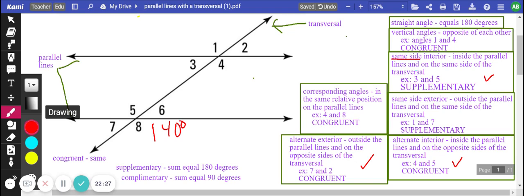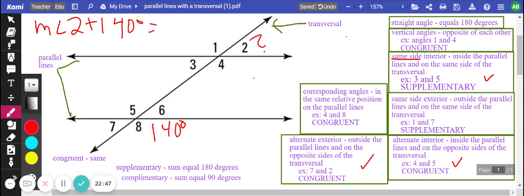If we look for the measure of angle 2. So therefore, the measure of angle 2 plus 140 degrees, because that's the measure of angle 8, equals 180.